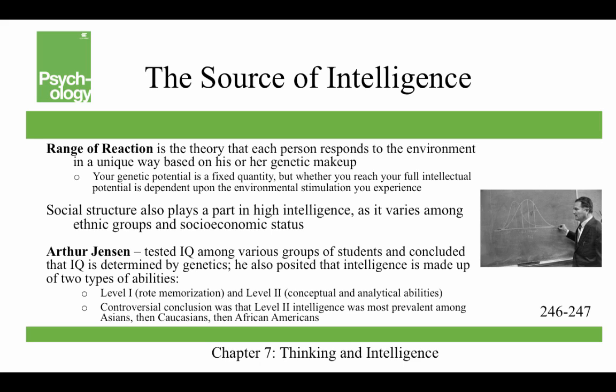Level 2 is conceptual and analytical abilities, and he said it's most prevalent among certain groups. And his conclusions don't account for things like culture, socioeconomic status, parenting practices, parents' education, or about 1,000 other variables.